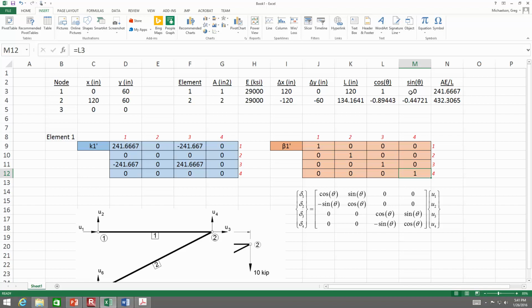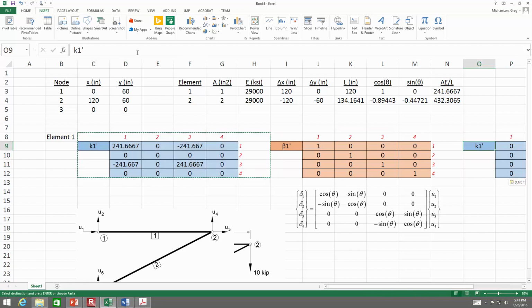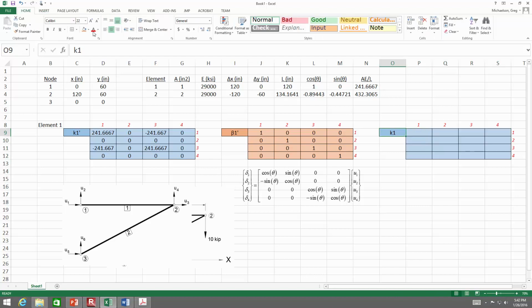Okay, watch this. I'm going to create another little series of cells over here. We'll call it K1, but we'll take off the little prime symbol because it's global. And I'll delete everything in here. Maybe make it another color so I know what I'm doing. Maybe make it yellow.